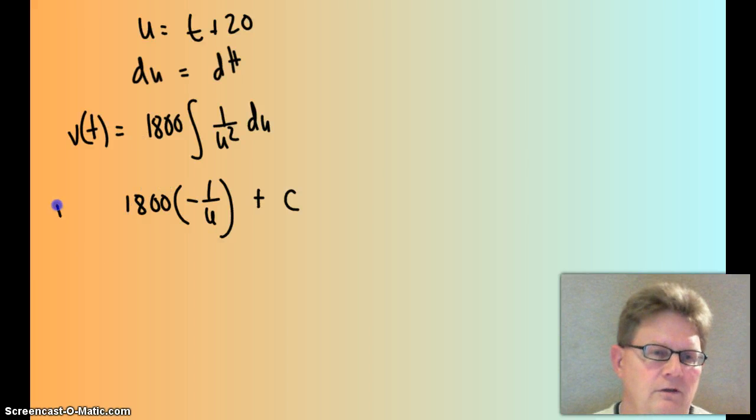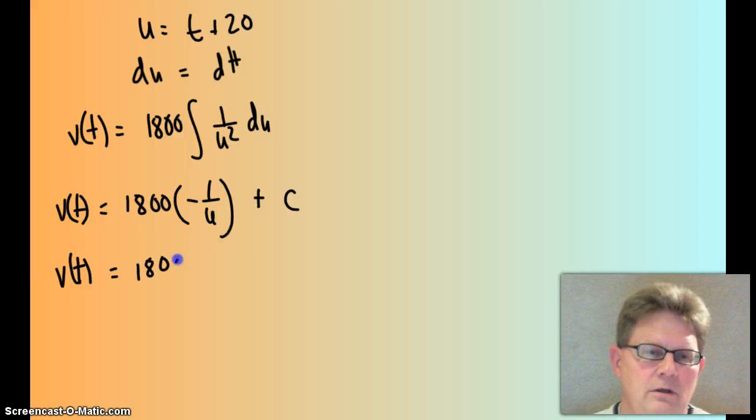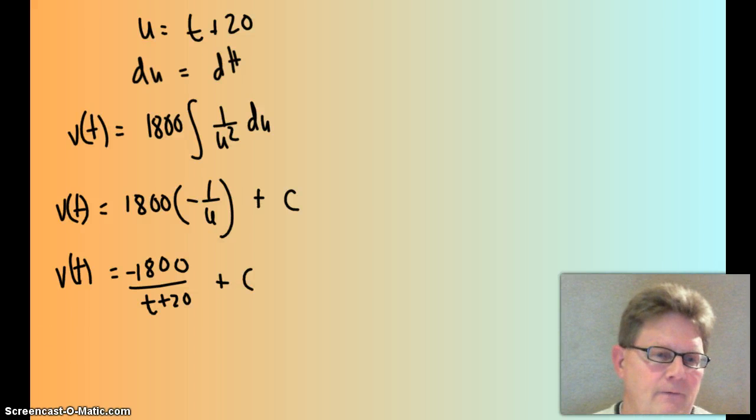Hold on a minute. Let's go ahead and change back. Okay, v of t equals negative 1800 over t plus 20 plus c.